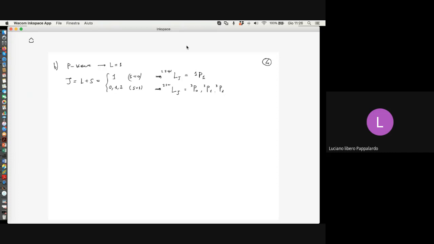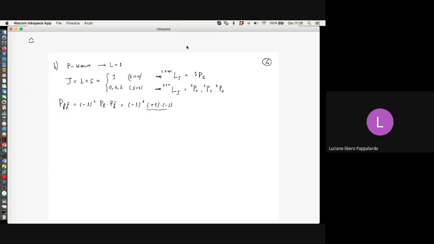So let's now repeat the exercise. We start by calculating the parity of the fermion-antifermion system. It is (-1)^L times the intrinsic parity of the fermion times the intrinsic parity of the antifermion. In this case, we are in a P wave, so this is (-1)^1, and then, as usual, +1 times -1.